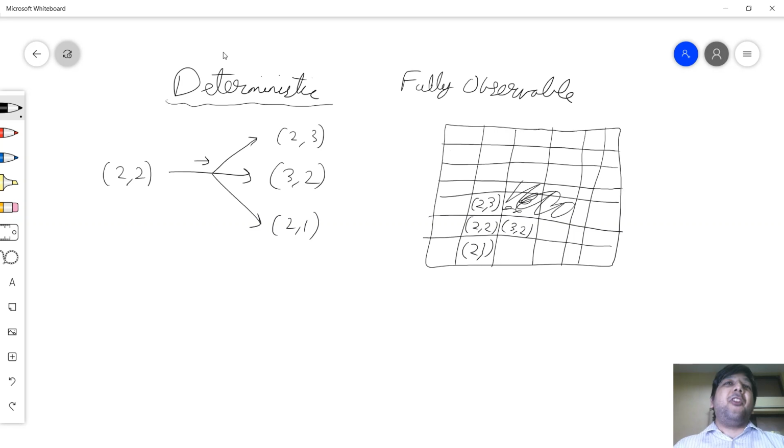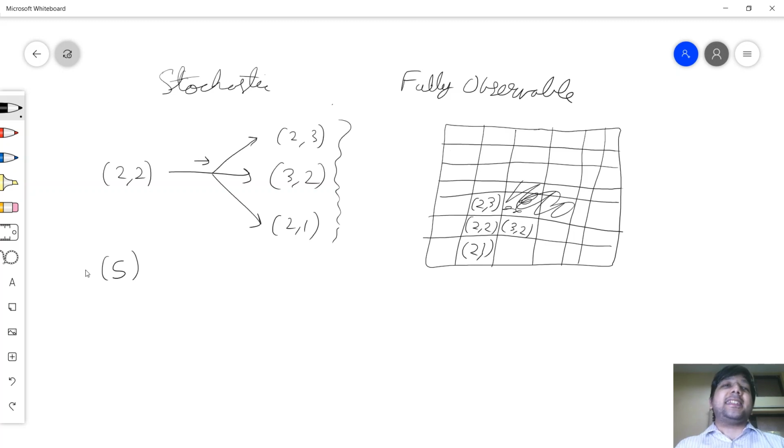So for a stochastic system that we are now dealing with, I don't have one outcome, I have multiple outcomes which are possible. Previously we said that from state S, if I apply the action A, I just get one state S dash.